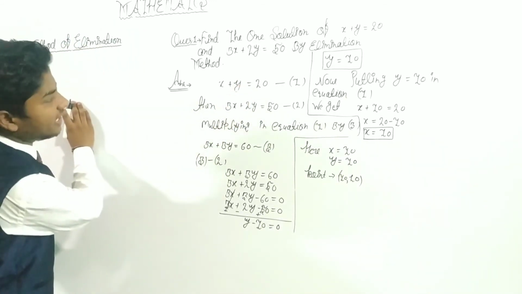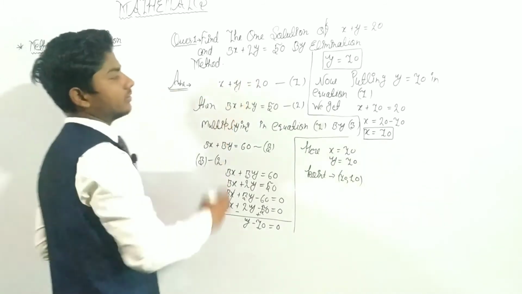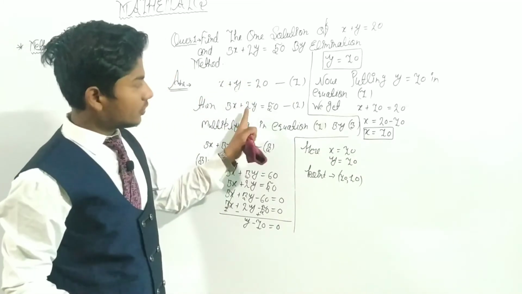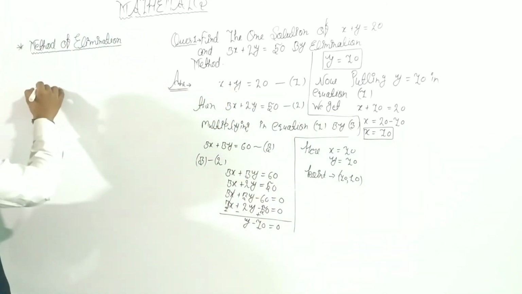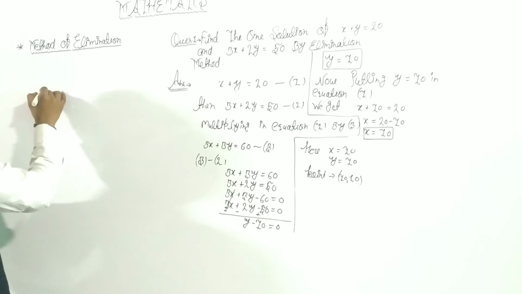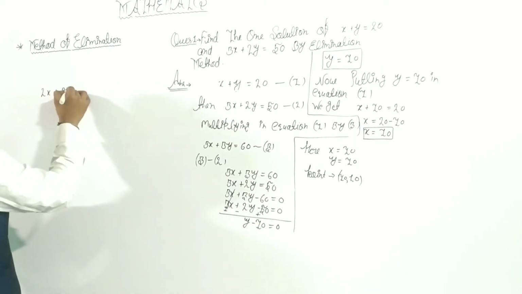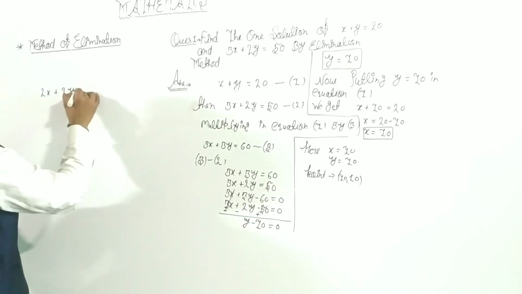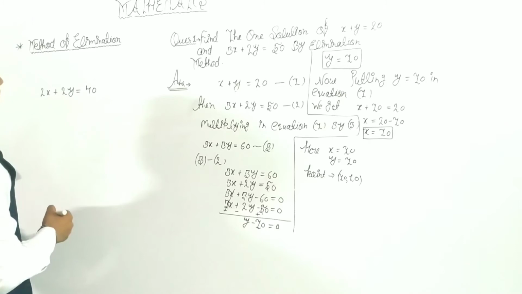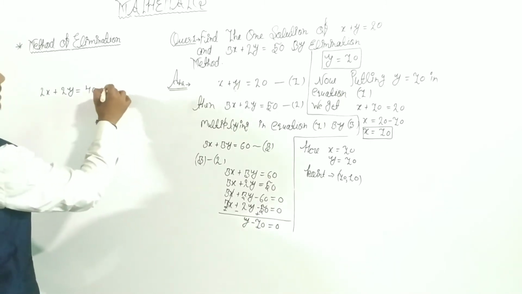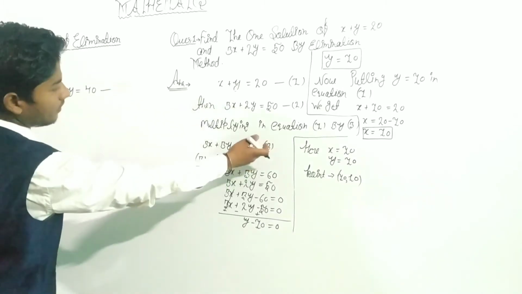If you eliminate variable y, then you multiply equation 1 by 2. What do we get? Multiplying the equation, we get 2x plus 2y is equal to 40. We consider that equation 4.